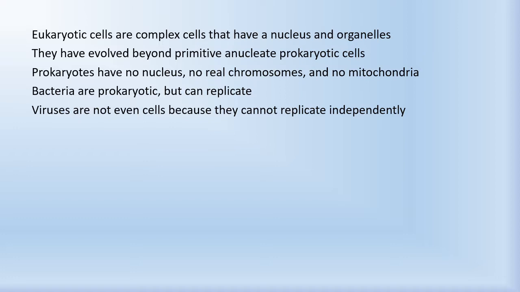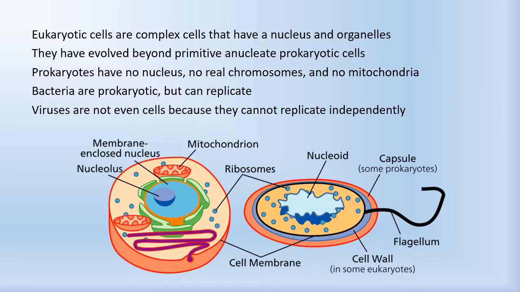Hence, they need to enter host cells and use the host cell ribosomes. Compare the eukaryote and the prokaryote cells below. Which one is the eukaryote? Yes, it's the one on the left, far more complex.